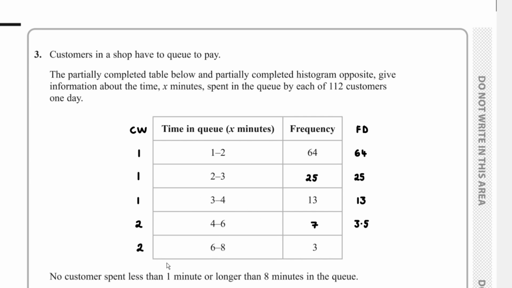For the interval 6 to 8, we have a class width of 2, a frequency of 3. To find the frequency density, 3 divided by 2 is 1.5. So the frequency density of the interval 6 to 8 is 1.5. With all of this given information, we can now complete the histogram. So for the interval 1 to 2, we have a frequency density of 64.